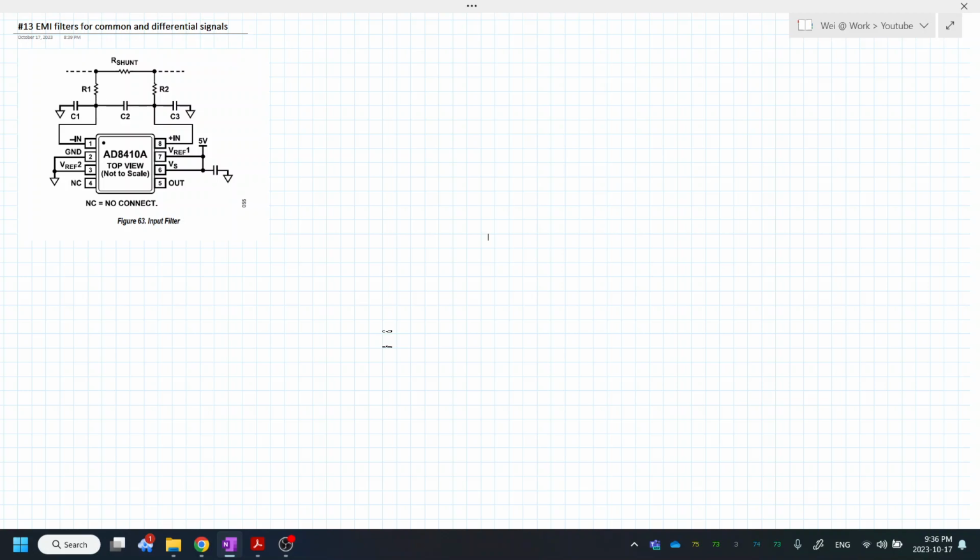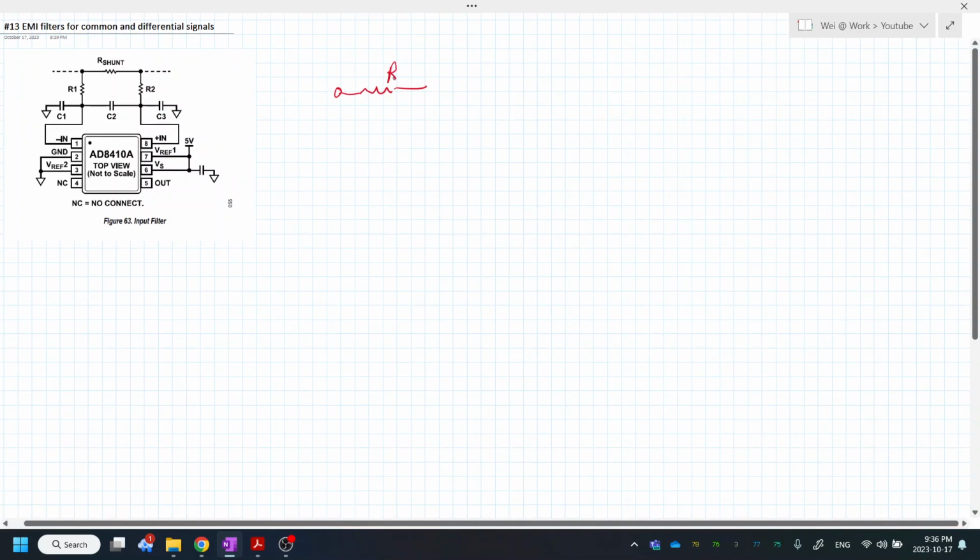And to better understand this, let's draw this in a different way. So we have a resistor R1 here, and another resistor R2, and the capacitor C2 in between, and C1 here to ground, and C3 here connected to the ground.